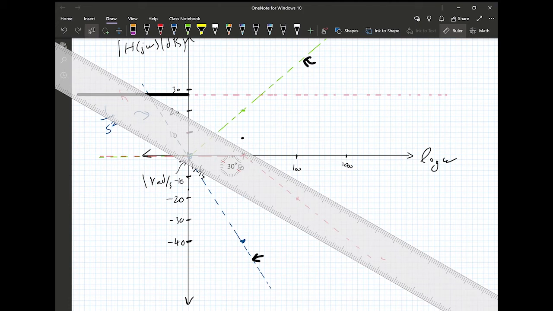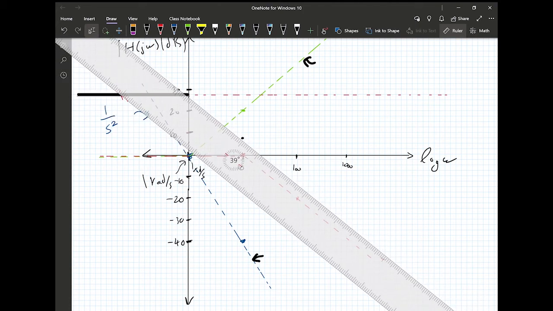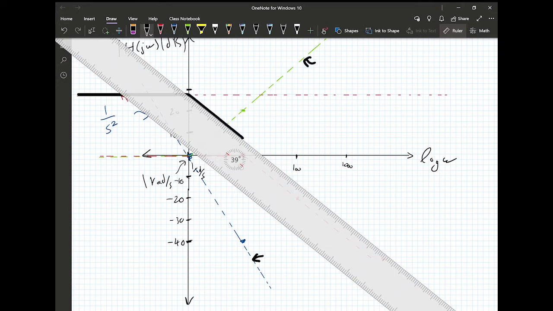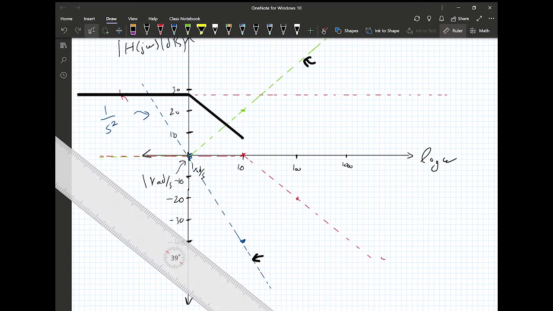The point here is that instead of going down at minus 40 dB per decade, because of the existence of the 0, it reduces that slope, and now I'm going down at minus 20 dB per decade. So the 0 moderates this double pole.